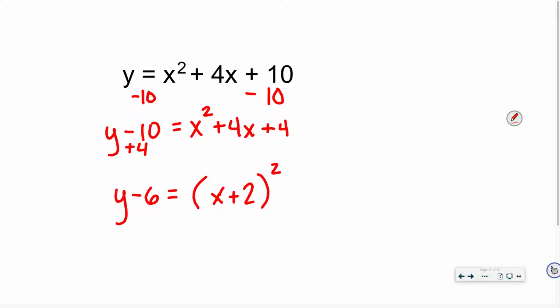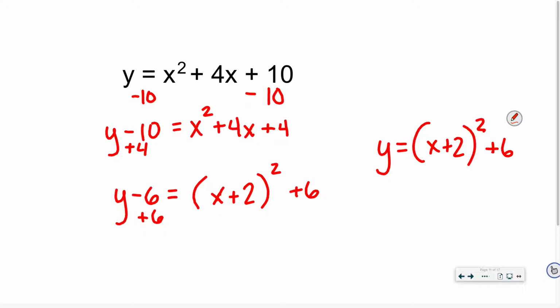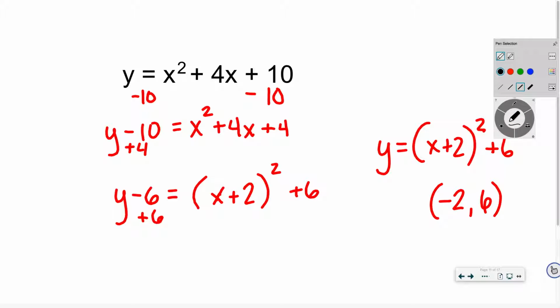What's the last thing I would do to put it in vertex form? Add 6. So we have y equals x plus 2 squared plus 6. What's my vertex? Negative 2, positive 6.